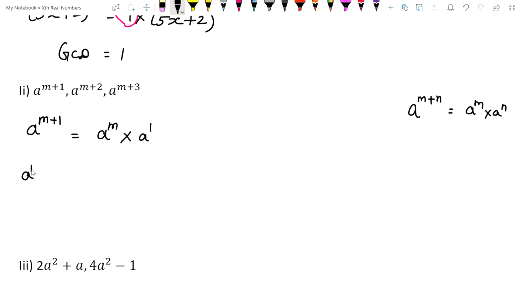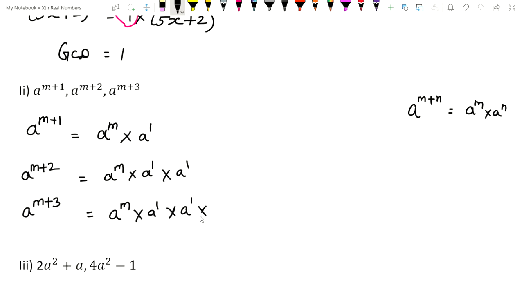Next, a power m plus 2 is a power m into a power 1 into a power 1, because 1 plus 1 you will get 2. Next, a power m plus 3 equals a power m into a power 1 into a power 1 into a power 1, because 1 plus 1 is 2, 2 plus 1 is 3.